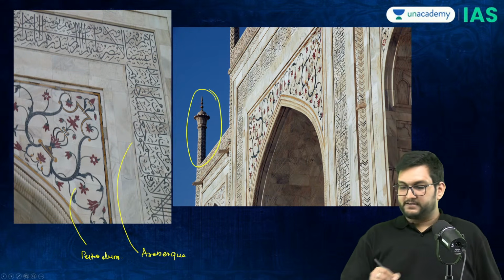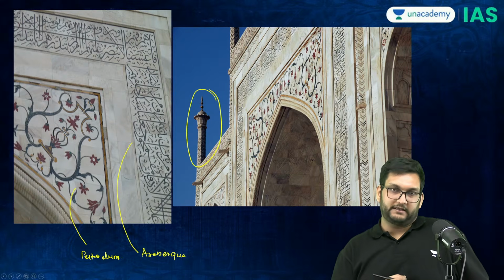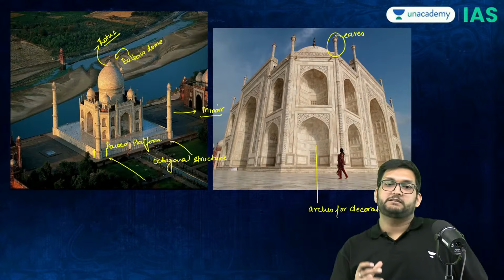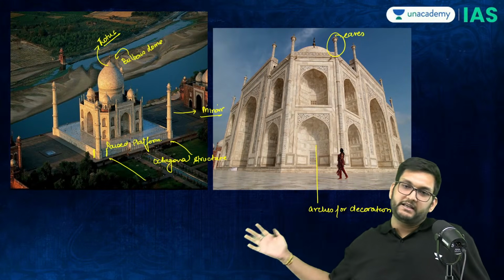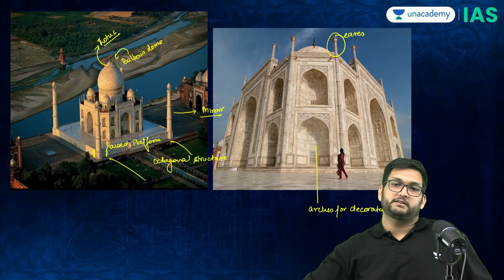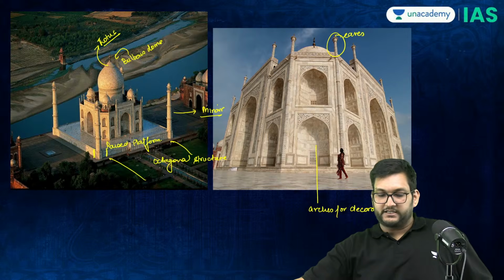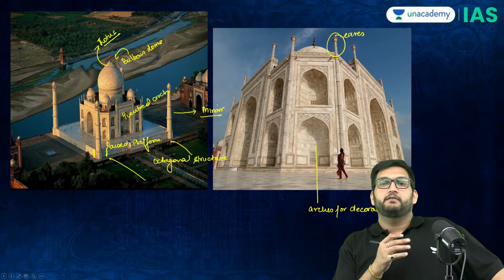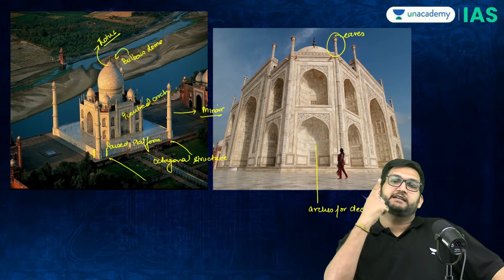And you can see the inlay work had become so extensive and so beautiful. So why is Taj Mahal so important? It is because it brings all elements of Indo-Islamic architecture. The four-centered arch is also there. It is a structure which represents the highest point of Indo-Islamic architecture.